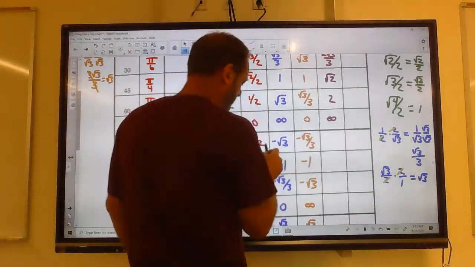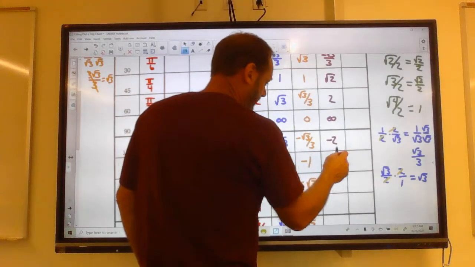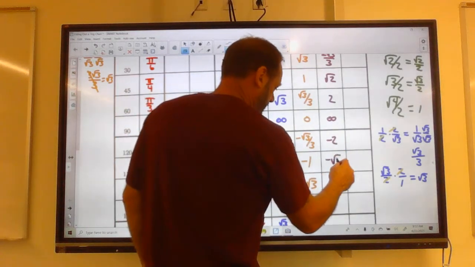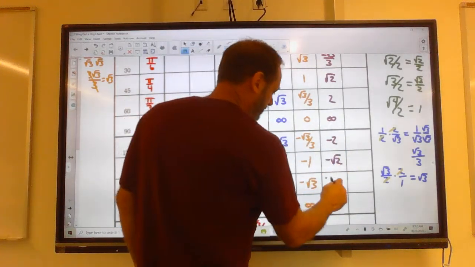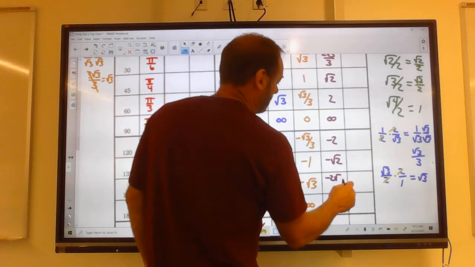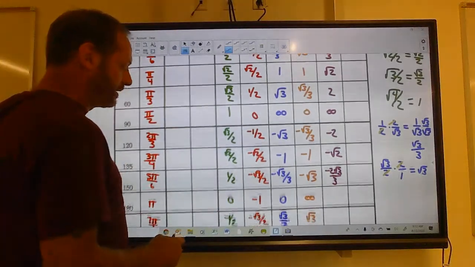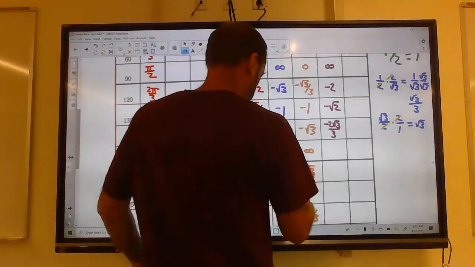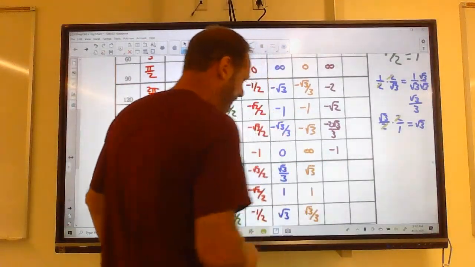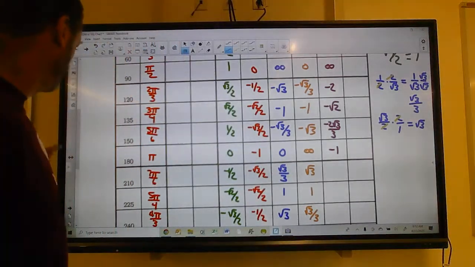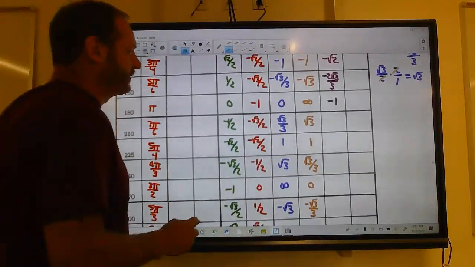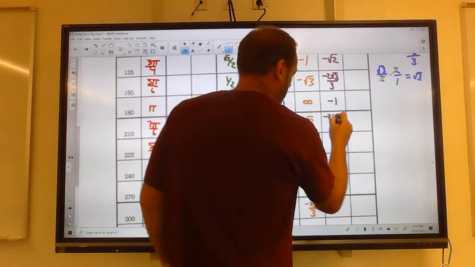So then because this is negative, this is going to be negative. Negative. And negative 1. And then again, we're still negative, but the same numbers, just written down in the reverse order.